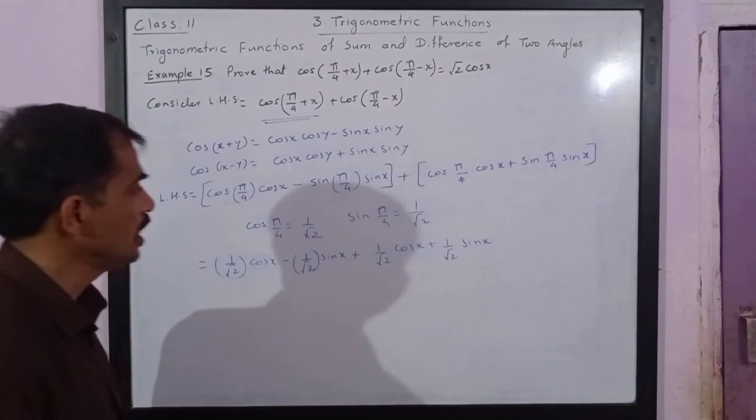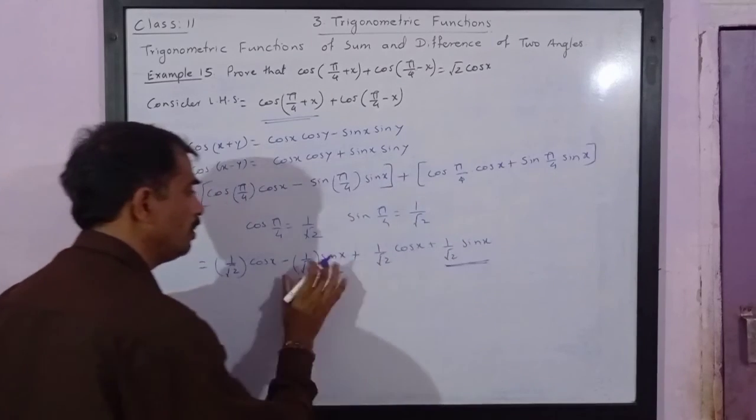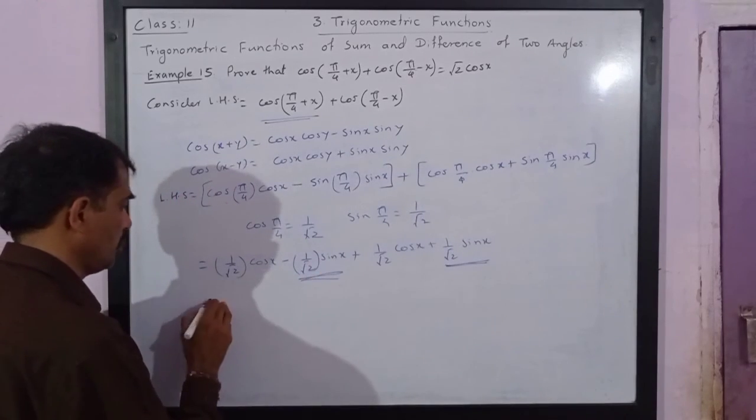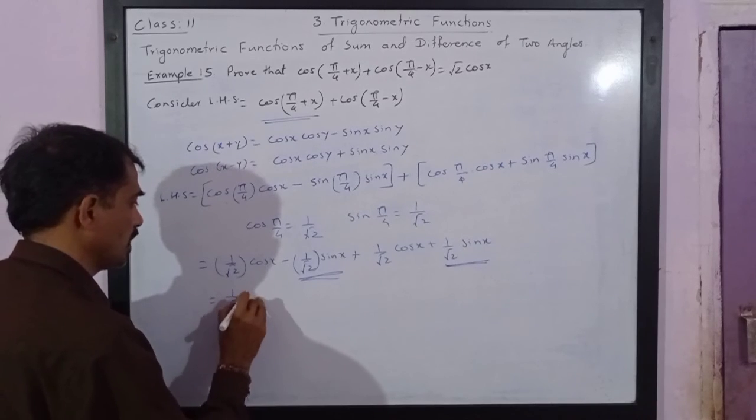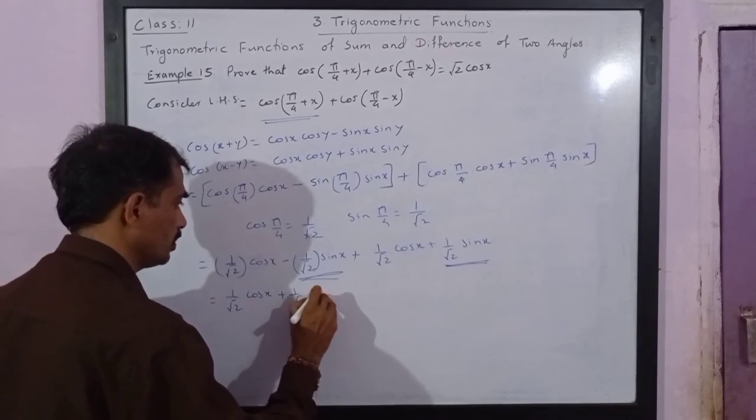Now please understand, this term is negative, this term is positive, so they will eliminate each other. You will have 1 upon root 2 cos x plus 1 upon root 2 cos x.